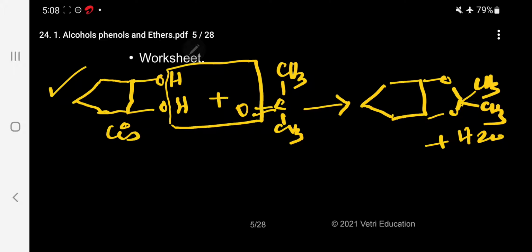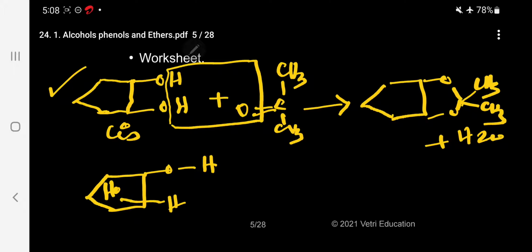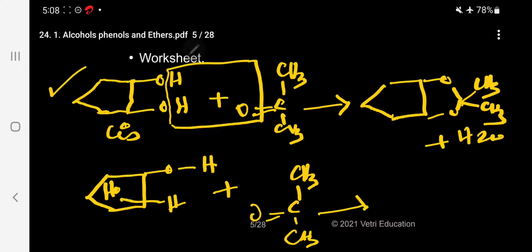Whereas, suppose if it is a trans, what will happen? So this is OH, and in this case H and OH. So what will happen now? When you treat again with the same acetone, since the two OH groups are on opposite sides, no reaction takes place. No reaction.